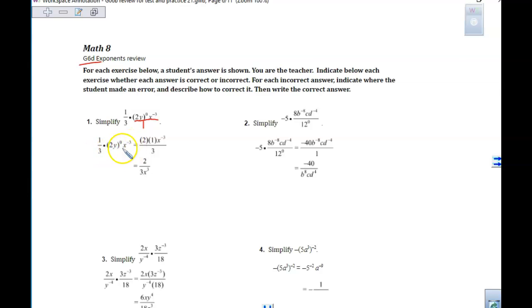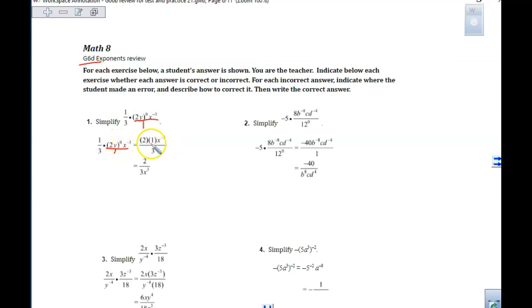They put the 3 in the denominator. Does that make sense that this 3 is in the denominator? No. 3 is in the denominator here, 1/3, that 3 is over here, right? The x to the -3 is in the numerator.